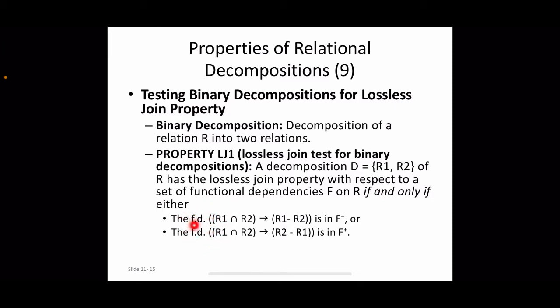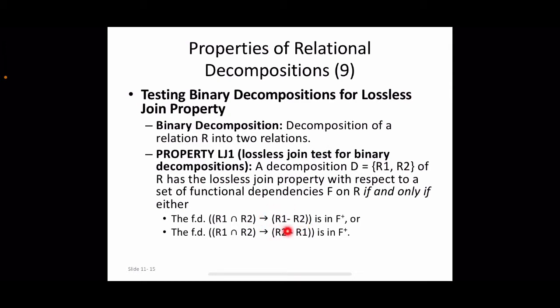The first condition is that the functional dependency R1 intersection R2 → R1 minus R2 is in F+, or the same thing for the reverse, that is, R1 intersection R2 functionally determines R2 minus R1 is in F closure. If either of these conditions is satisfied, we can say that the corresponding binary decomposition has the lossless join property.